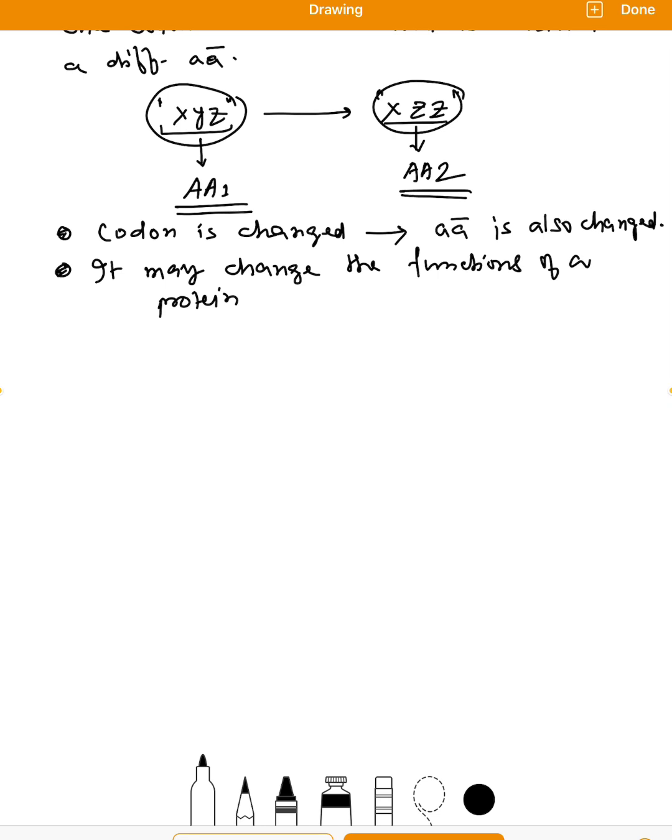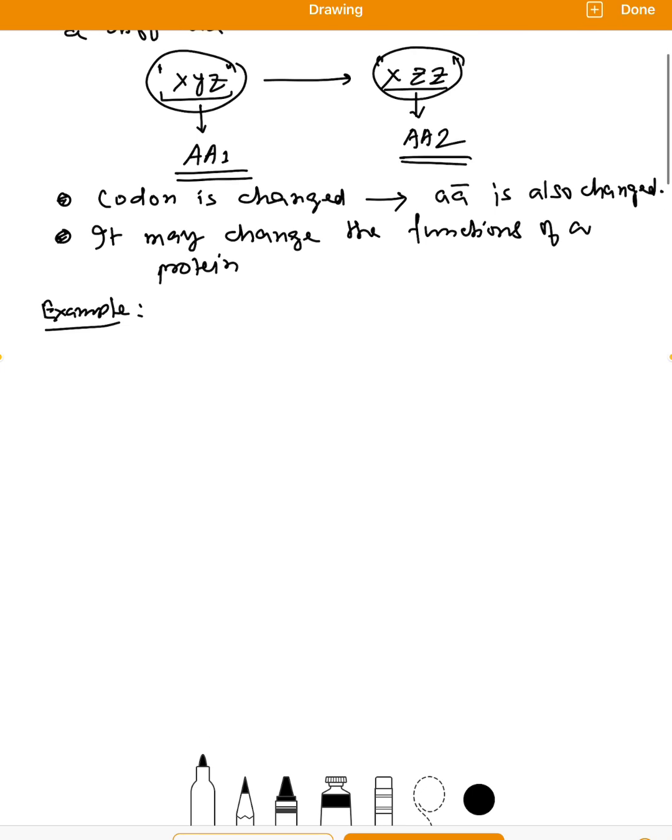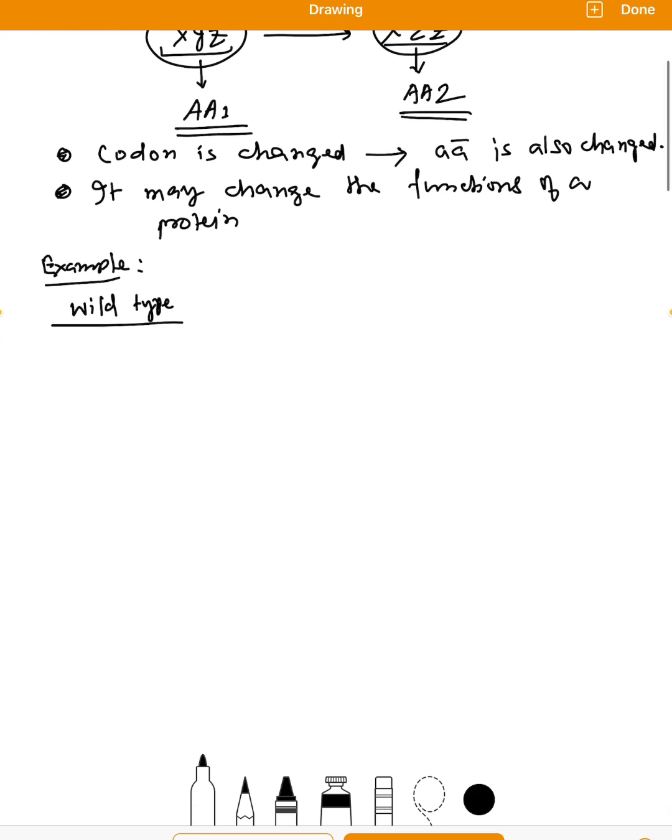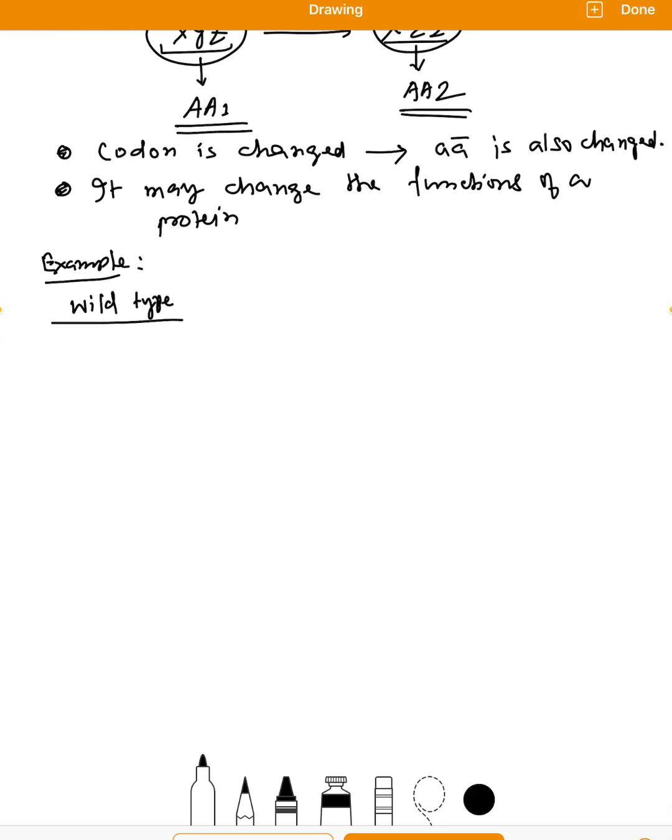Now we can understand the process by taking an example. Suppose on the left side we are considering a wild type condition. Suppose we have considered a small double stranded DNA. Suppose this upper strand runs in the 5 prime to 3 prime direction. It is T A C T T, then C A C C Z A T T, and this is the 5 prime.